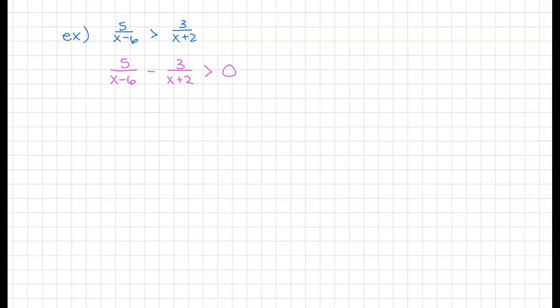So remember, to find the LCD, you have to fully factor the denominators, but this one's friendly. The denominators are already factored, so it's going to be easy to spot the LCD. It's just got to be x minus 6, x plus 2. It has to have each one of these denominators as a factor in it. And so that's going to be our smallest denominator that has each one of the original denominators as a factor.